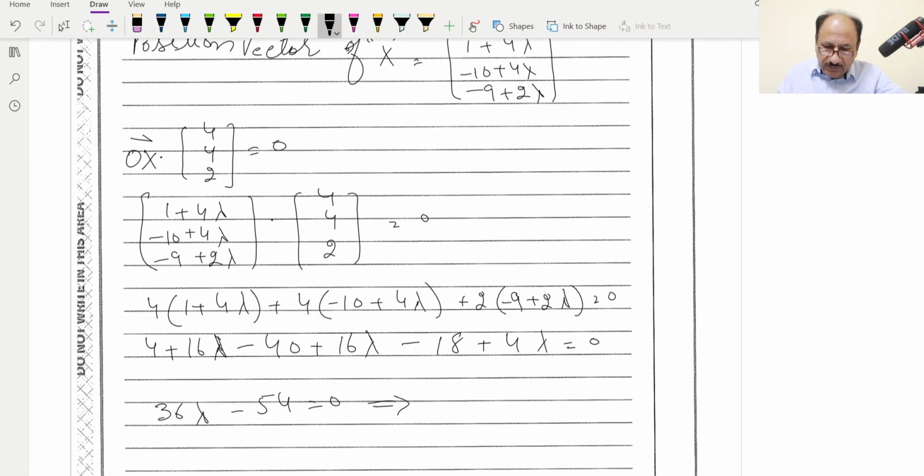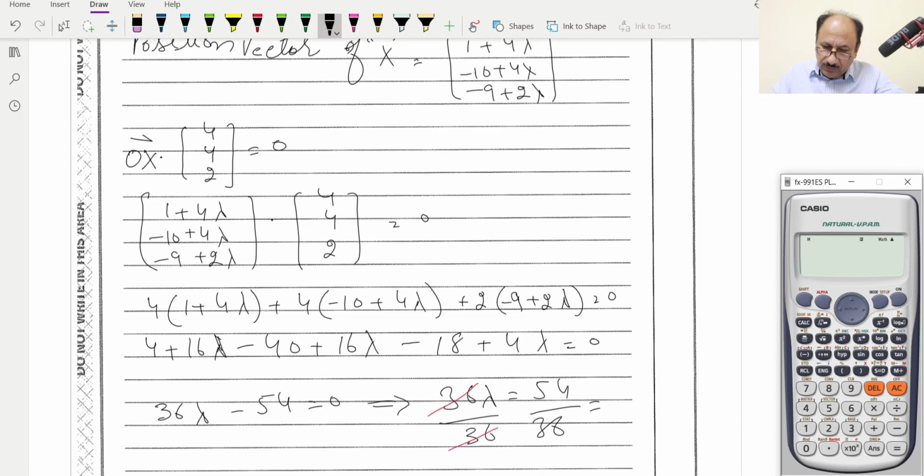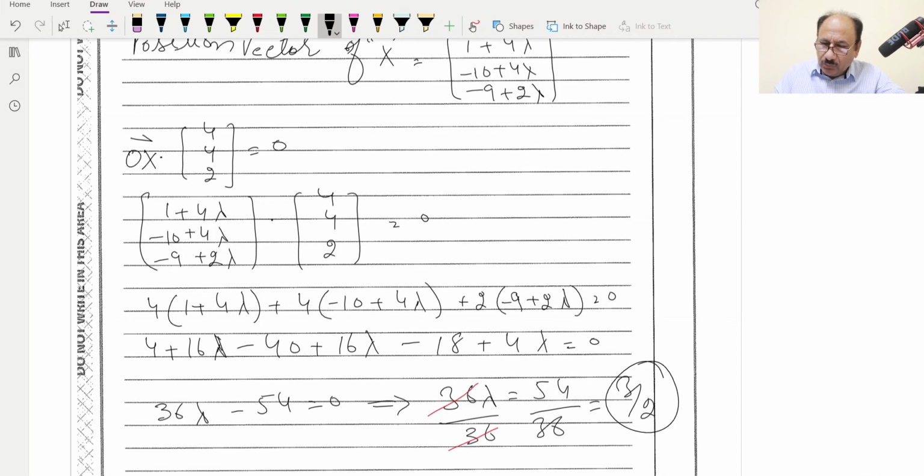This implies 36 lambda is equal to 54. We can divide both sides by 36, and 54 divided by 36 will be equal to 3 over 2. So the lambda value will be 3 by 2.